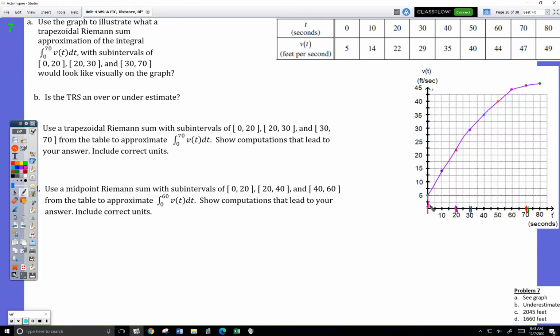I indicate that. Then I pick the velocity that is most right in the subinterval, and I draw that. So now we have two heights for that subinterval. The most left velocity and the most right. You connect those two vertical lines with a straight line, hence creating a trapezoid. Like that.